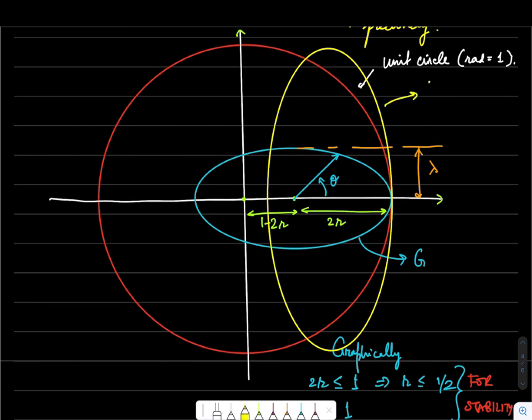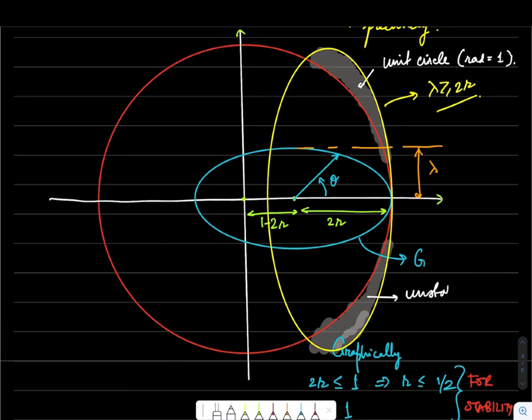This will happen if lambda is more than 2r, in which case this ellipse can actually have regions where the scheme may become unstable, and those regions will be given by this shaded portion here. So these are regions where we can still have an unstable solution.